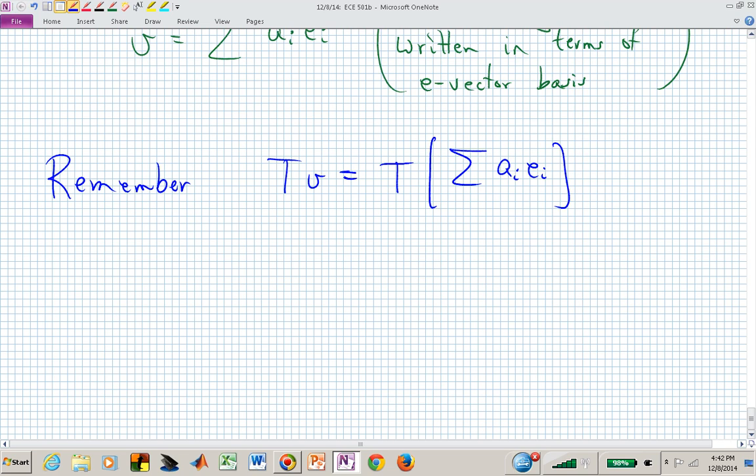T is a linear operator, but these e's are special relative to that operator. They're eigenvectors. So now when we operate on these eigenvectors with this operator T, we stay in that same direction, e, and the only difference is we now get scaled by some lambda, some eigenvalue in that direction, e. Meaning we can now replace the right-hand side, T bracketed with this decomposition of the vector v, as a sum of a sub i, and now T e sub i becomes lambda sub i e sub i.